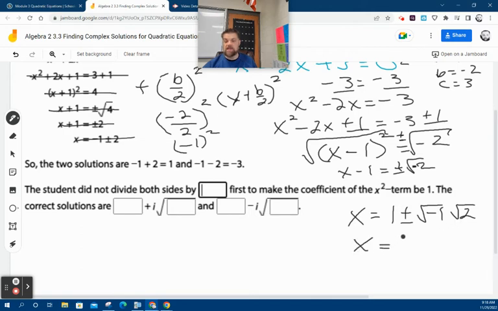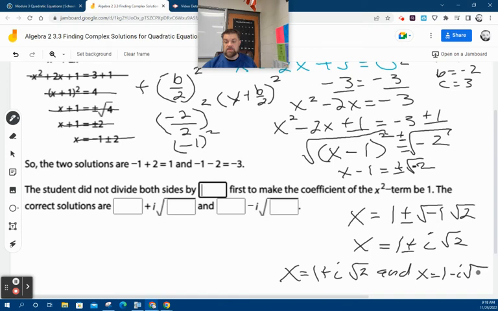Huh? I. So I'm going to say 1 plus or minus I square root of 2. And you could separate that. You could say x is equal to 1 plus I square root of 2, and x equals 1 minus I square root of 2.